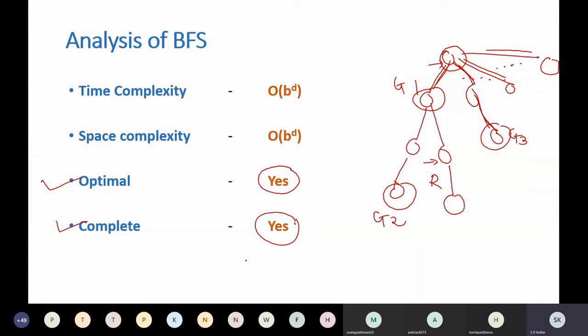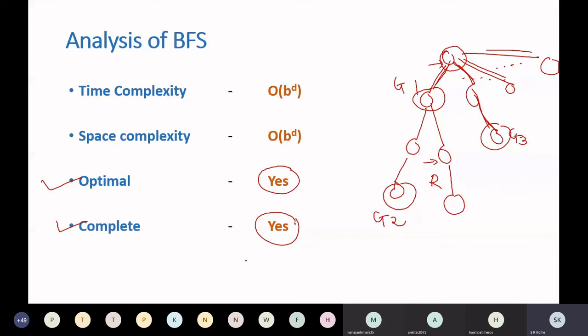Again, I am repeating. The algorithm will always give you the solution, because it moves along the breadth of a search tree, and the breadth is finite, because the number of children, the successor nodes of a node, is decided by the number of rules which can be applied on that state.